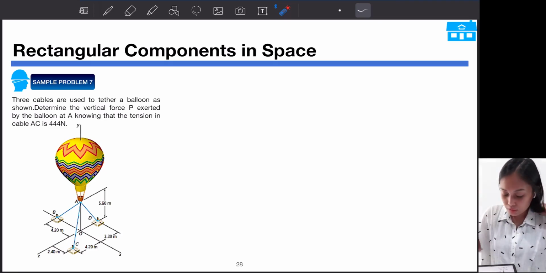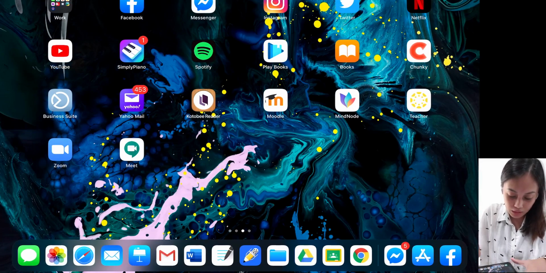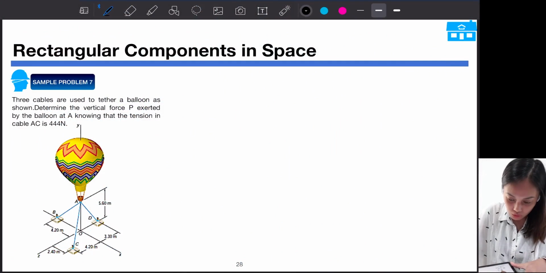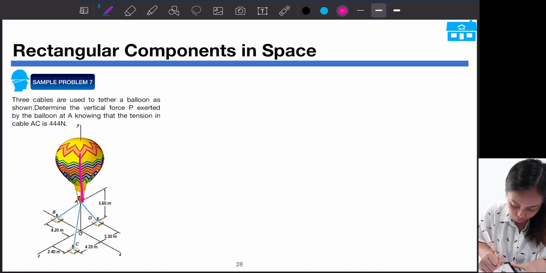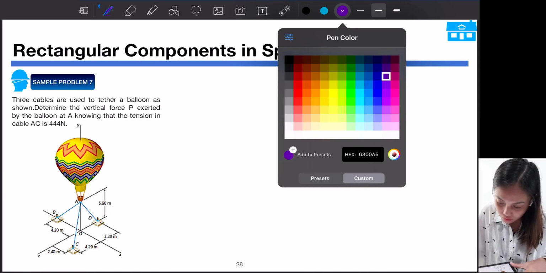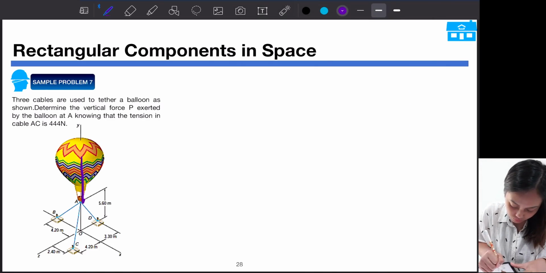Okay, so balik lagi tayo sa atong formula. This is force P. What is force P?